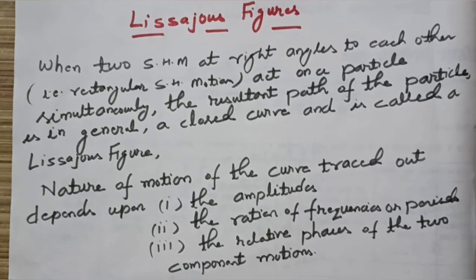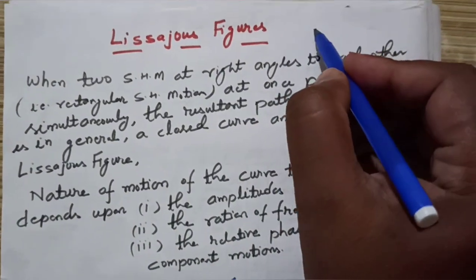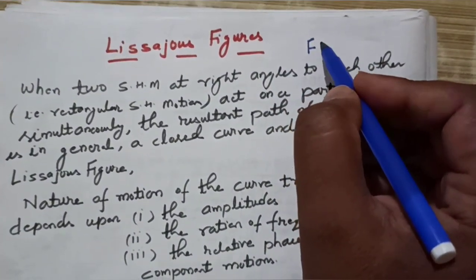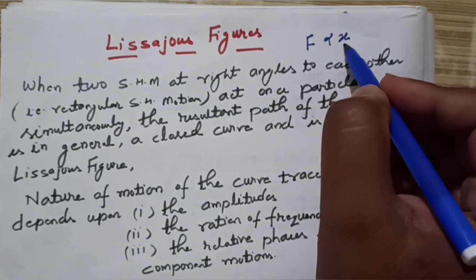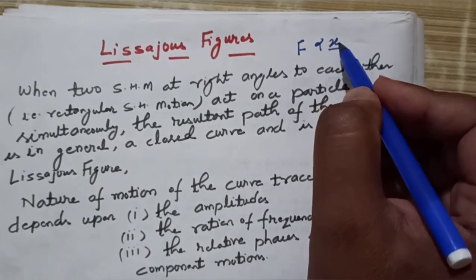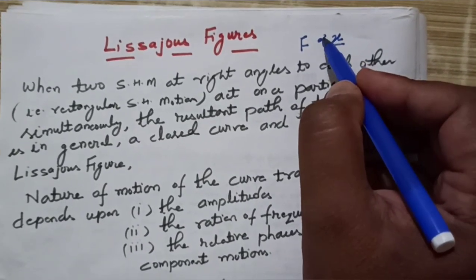Or in other words, you can say that there is a restoring force F and this is directly proportional to the displacement x, the displacement from the position of equilibrium.